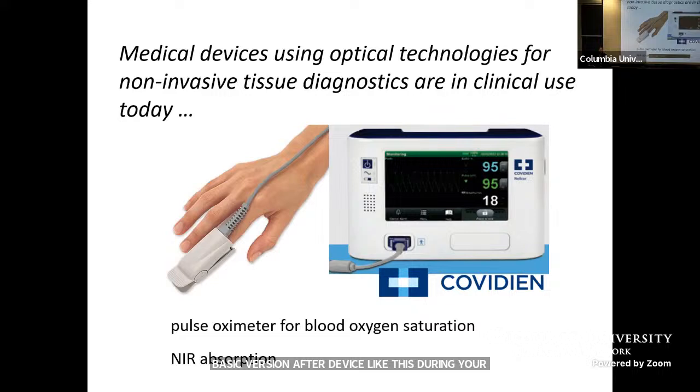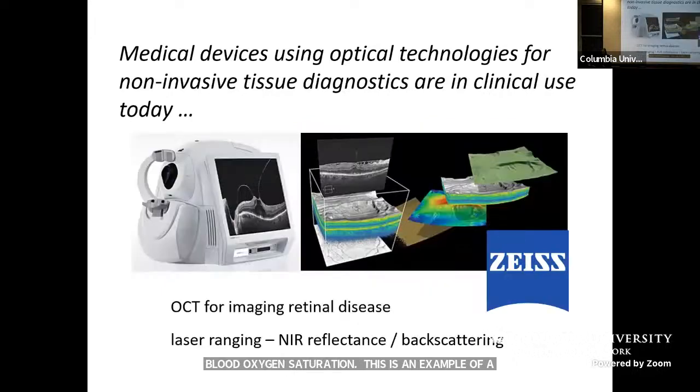There's a light tissue interaction mechanism, and certain wavelengths of near-infrared light are absorbed differently by oxygenated versus deoxygenated hemoglobin. As the light passes through the tissue, it's detected on the other side. We're using this phenomenon of near-infrared absorption to measure blood oxygen saturation. So this is an example of a device that we're all very familiar with in clinical use today.